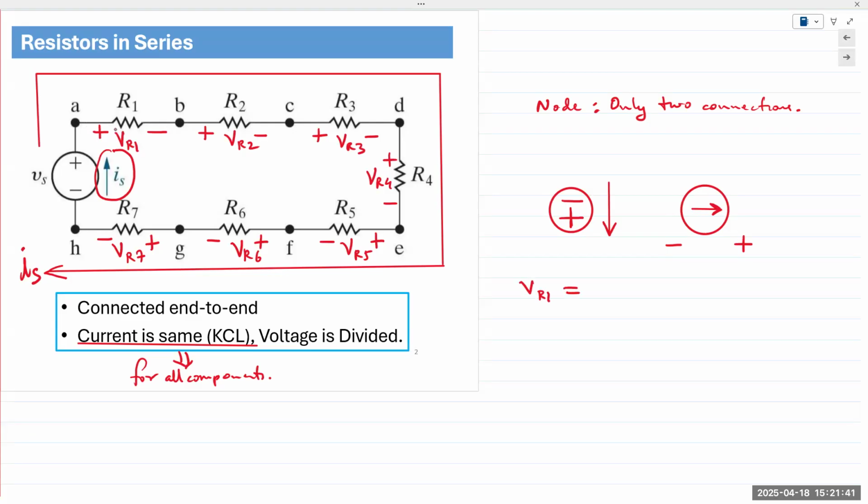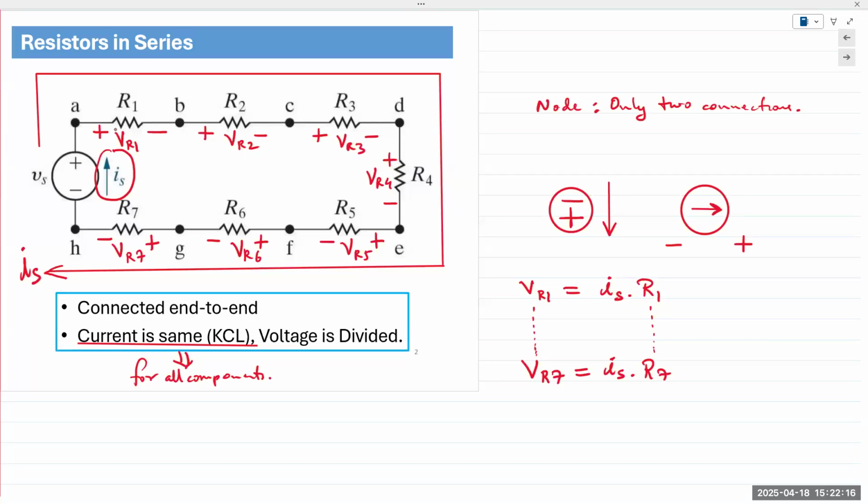We apply Ohm's law and we get IS times R1. Make sense? Right? Ohm's law. And so similarly, we could apply Ohm's law to all of these resistors. And we can find the voltage across all of them. So far, so good, right?